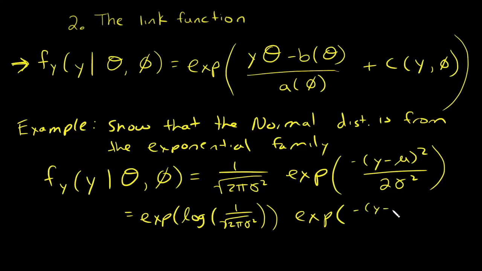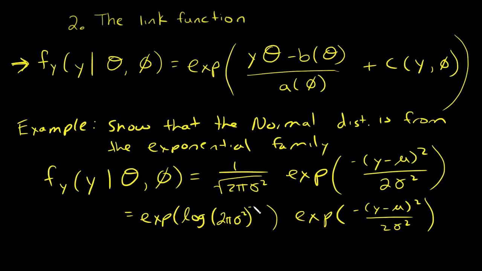Okay, and then I'm going to leave this back piece alone for right this second. Okay, so I've done nothing here, right? But these guys cancel, and you could see that this is the same thing. All right, now this 1 over square root, I can write this somewhat differently. I could write this as 2 pi sigma squared to the power of negative 1/2.